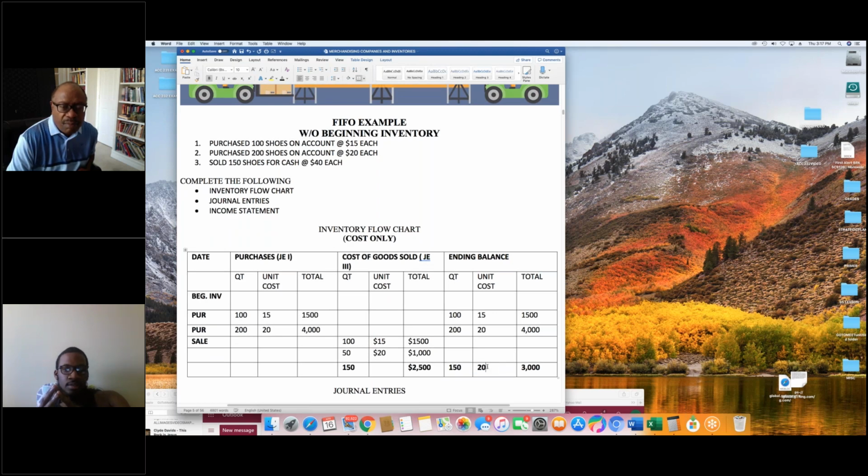And this is what you still got to sell. So leftover, we have $3,000 worth of shoes left in inventory that we need to sell.